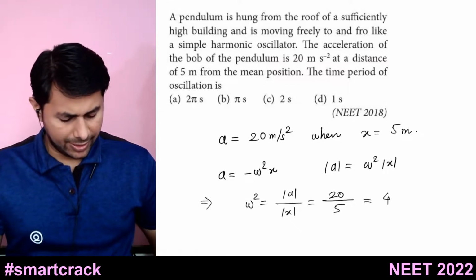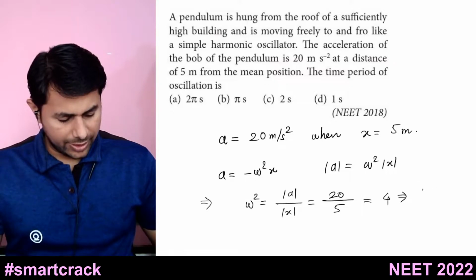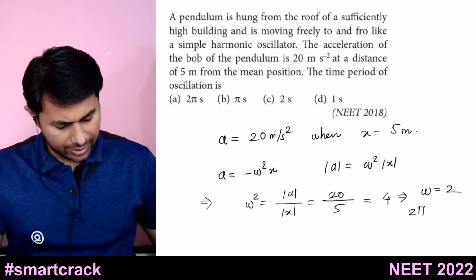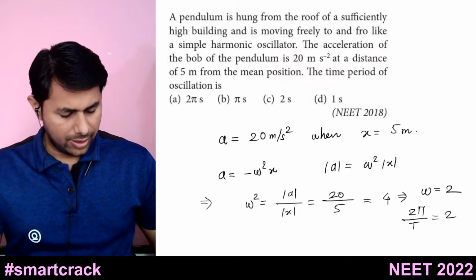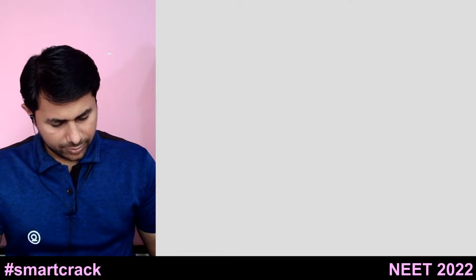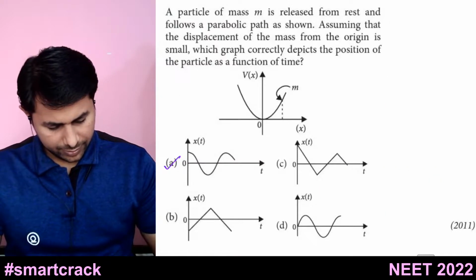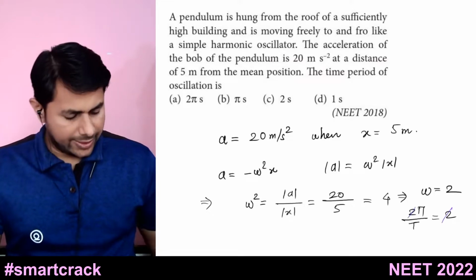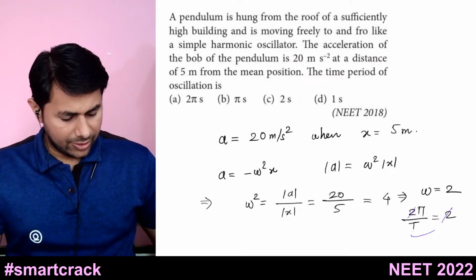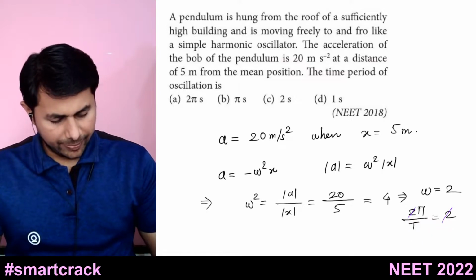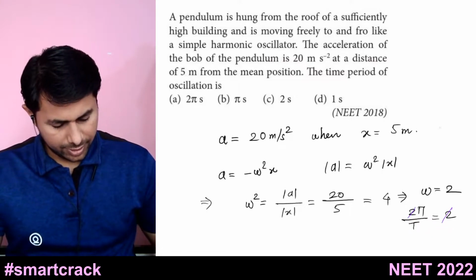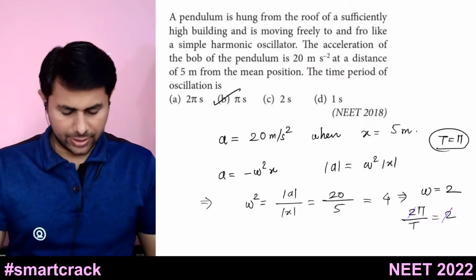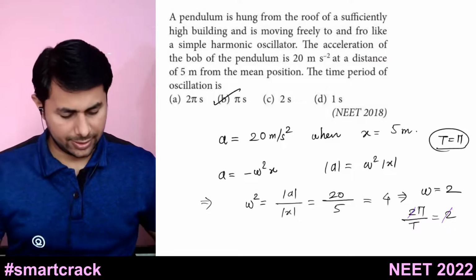We want the time period, right? So omega squared is 4, that means omega is equal to 2. So 2 pi by T is equal to 2. So this 2 and 2 get cancelled out, and if we take T to the other side, we get T equals pi. So the answer is T equals pi. So this is the answer. Option B is the answer. All right.